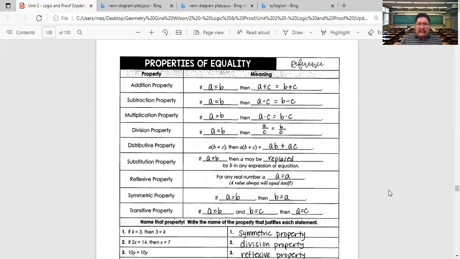I was talking about this one earlier. The last one here is going to be transitive property. I know the word trans, you've probably heard it before, in words like transit or transmission. Or a homeless person can sometimes be called a transient. So trans kind of just means to go from one to the next.